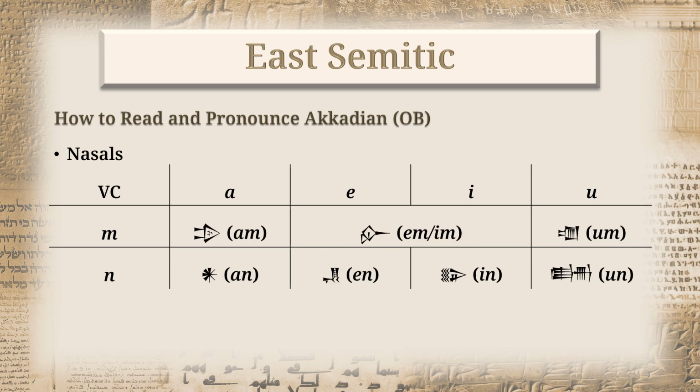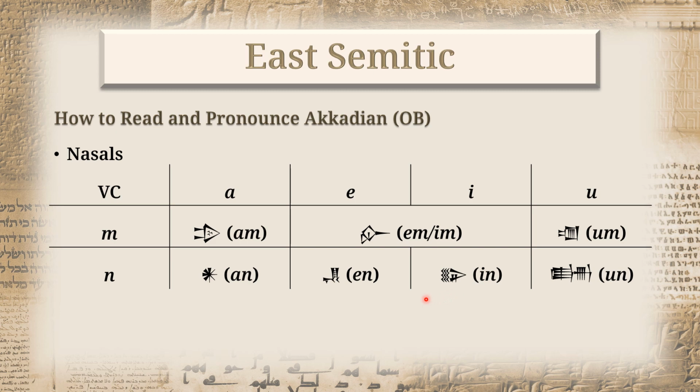And there are also signs for closed syllables. And here you see something that is very common in Akkadian. For most consonants, the signs for closed syllables do not differentiate between the E and I vowel. There are only, I think, 3 or 4 consonants where this happens. N is one of them, which is why you see 2 distinct signs for en and in.